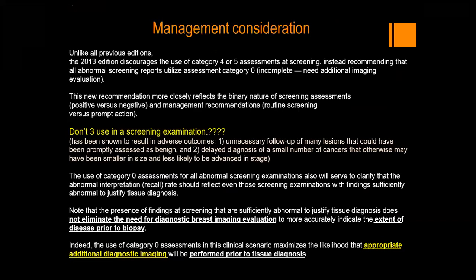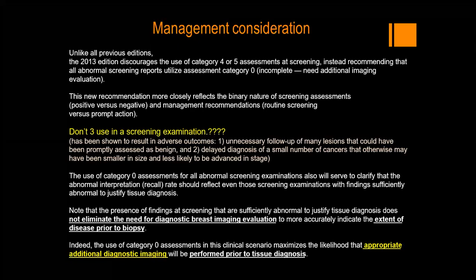This new recommendation more closely reflects the binary nature of screening assessment, positive versus negative, and management recommendation, routine screening versus prompt action. Either negative, BI-RADS 1 or 2, considered to be negative, then routine screening. Or if it is 0, 3, 4, or 5, it will be positive, then prompt action should be taken.